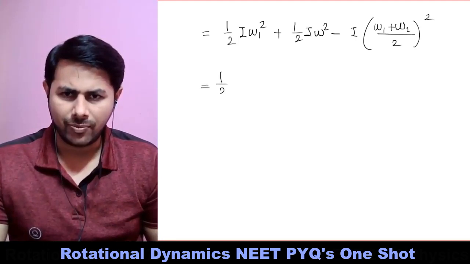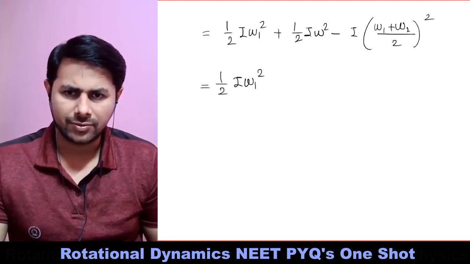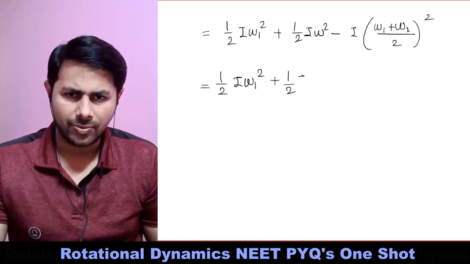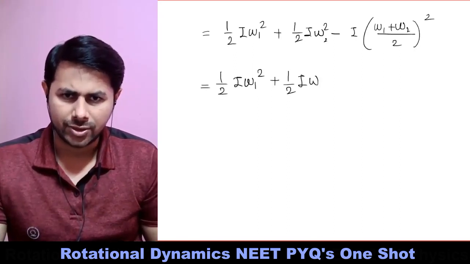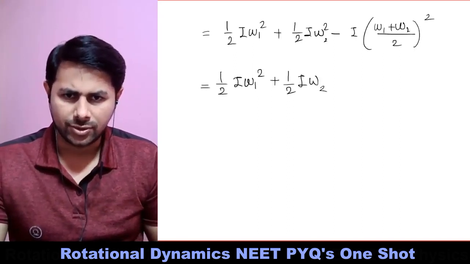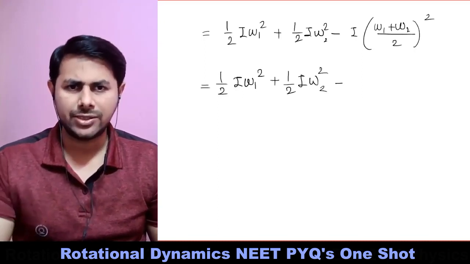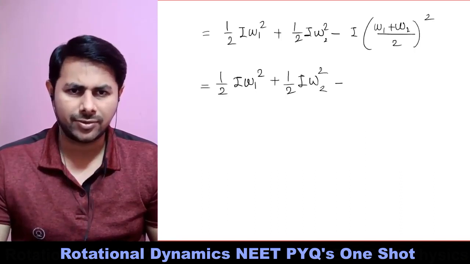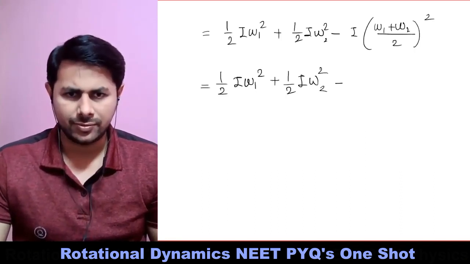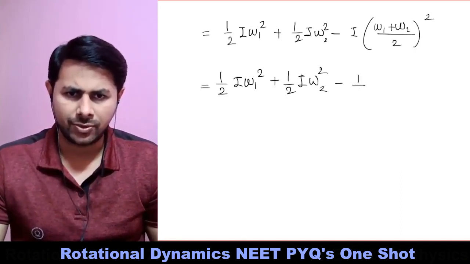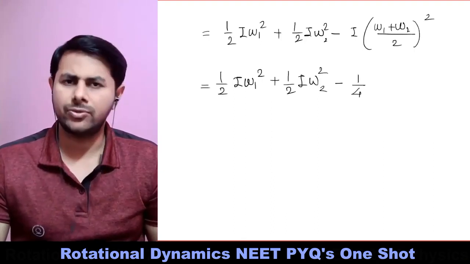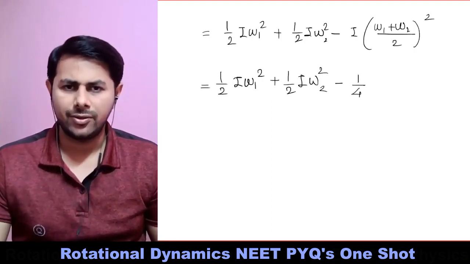So we get half of I omega 1 square plus half of I omega 2 square minus, if we square this, it will be omega 1 square plus omega 2 square, and it is 1/4. If you square this 2, it will be 1/4.